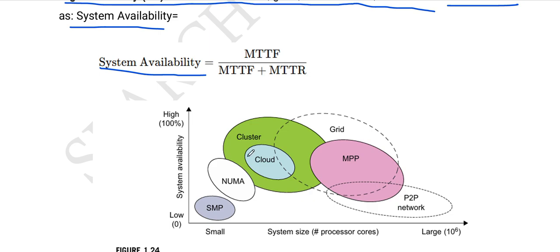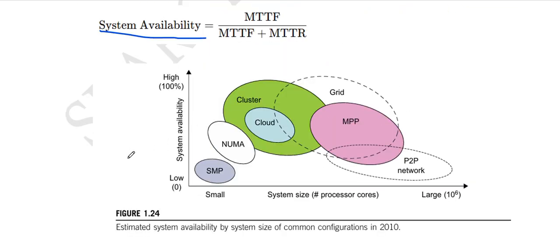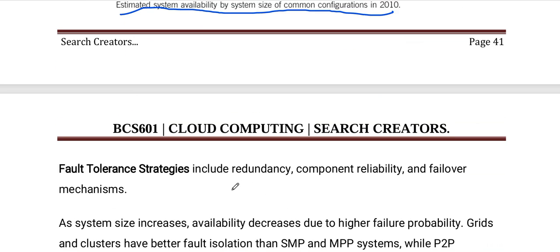In this, MTTF stands for mean time to failure and MTTR stands for mean time to repair. If we do this, we can get the system availability. This is a diagram representation. It shows estimated system availability by system size of common configurations in 2010.